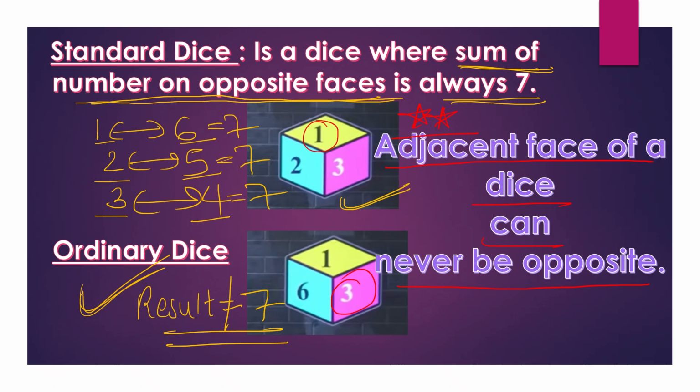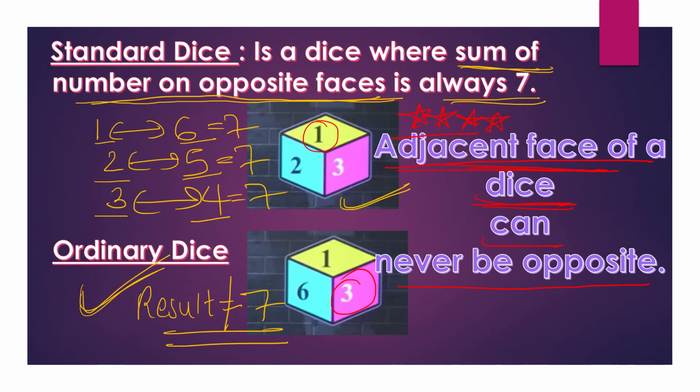So mark this as very, very important. Fix this sentence in your mind, note it down, or take a screenshot: adjacent faces of a dice can never be opposite.